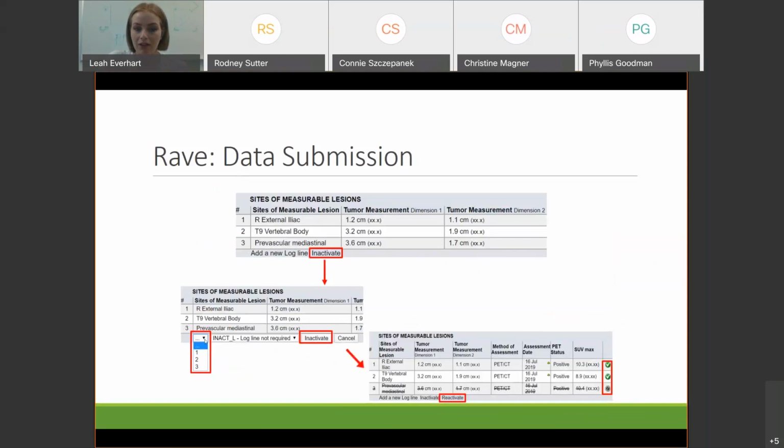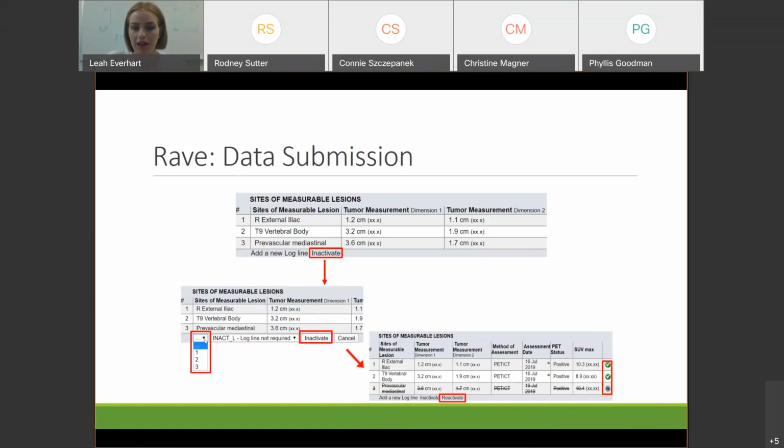And if you want to get rid of a logline, it can be inactivated by clicking inactivate, highlighted at the top of the slide there. And then you select which logline to inactivate from that drop-down box in the middle of the slide, and then clicking inactivate over to the right. And this does not actually delete the line from the table, but it strikes out the data on the logline.